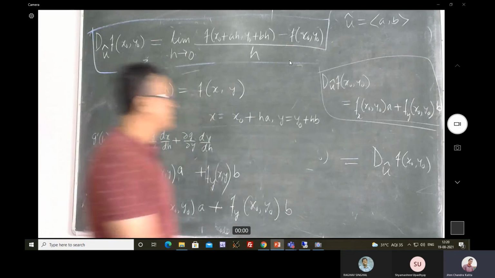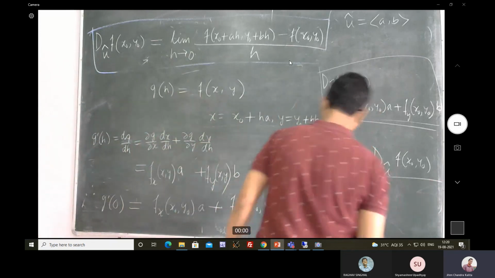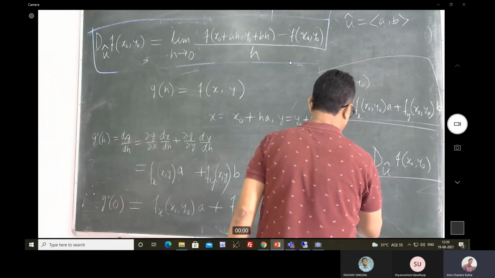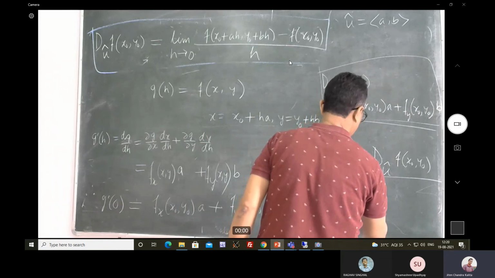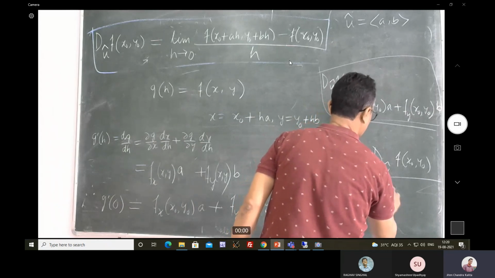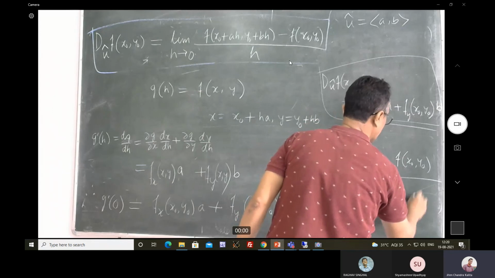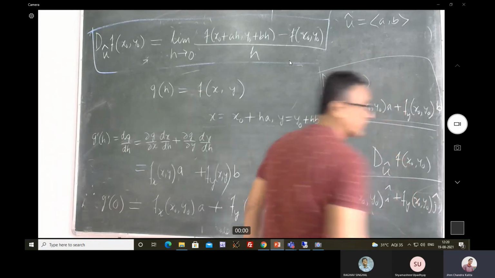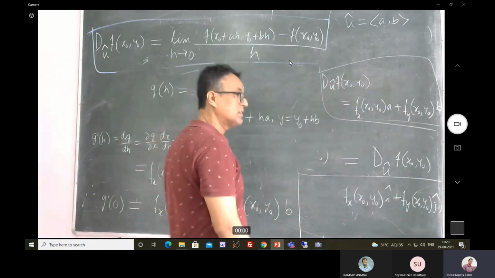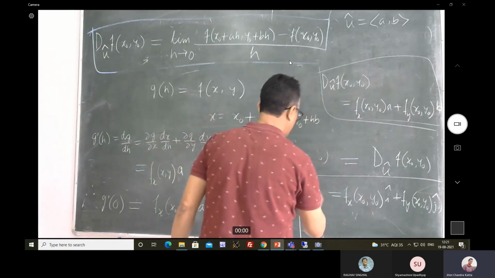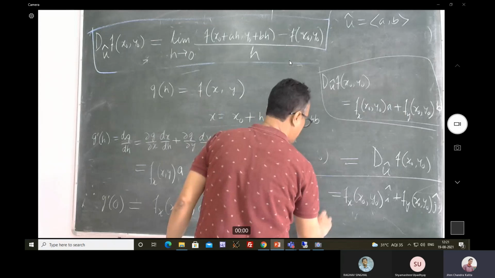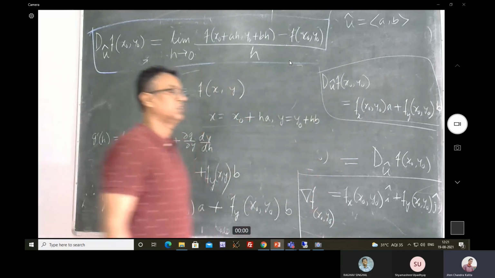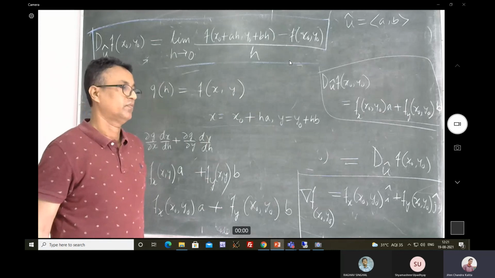Okay, right? And let me tell you that if you consider this vector, it is called the gradient of the function f at the point (x naught, y naught), and it is denoted by nabla f.